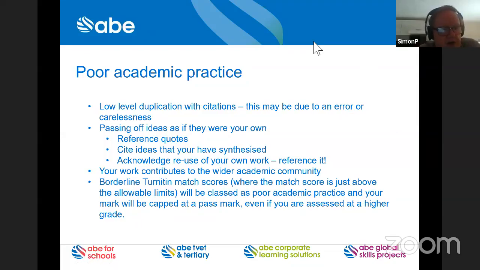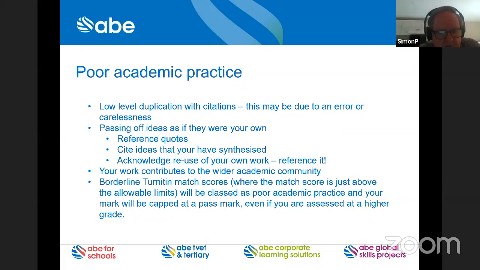And the higher the match score percentage in plagiarism cases, the greater at risk you are of your work being deemed plagiarist, whether you had that intention or not. So we work from the basis that if you have a high match score, your carelessness is not an excuse.